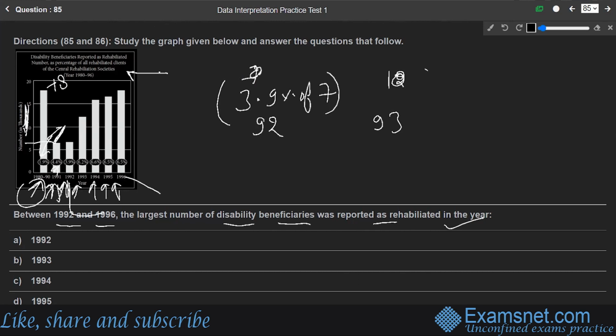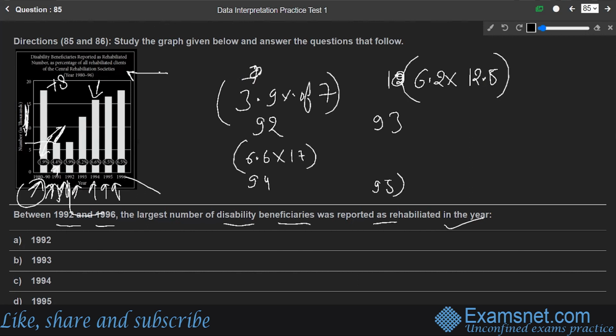For 1993 we have 6.2% of 12.5. For the year 1994, the value is very high, somewhere close to 17, and the percentage value is 6.6%. So we have to find 6.6% of 17 for the year 1994.